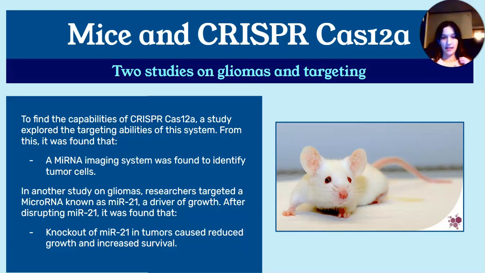In another study on these gliomas, the researchers targeted a microRNA known as MIR21, a driver of growth in tumors. By disrupting this MIR21, it was found that the knockout of MIR21 in the tumors caused reduced growth in the tumors, as well as increased survival of the subjects, such as rats, in the cells that they had taken.